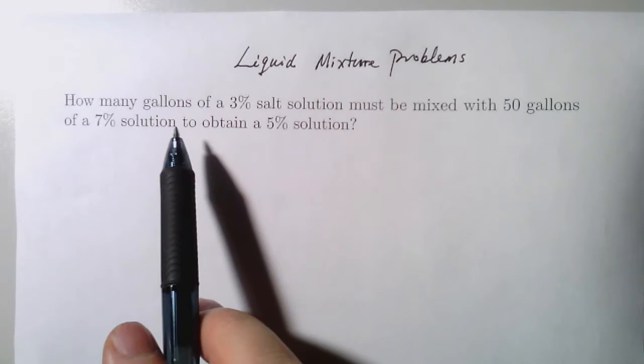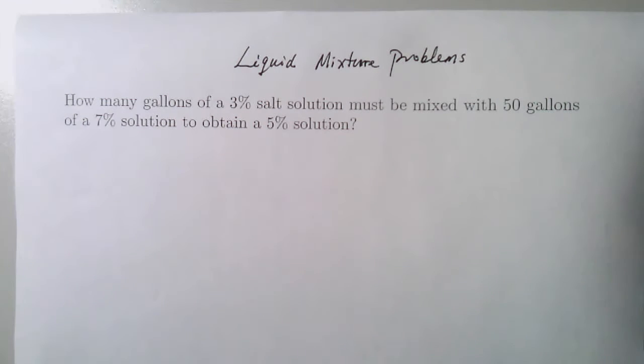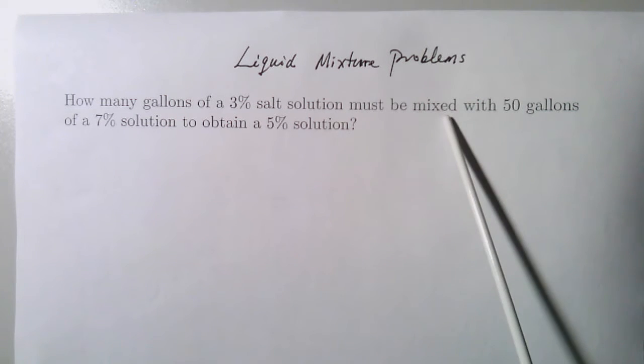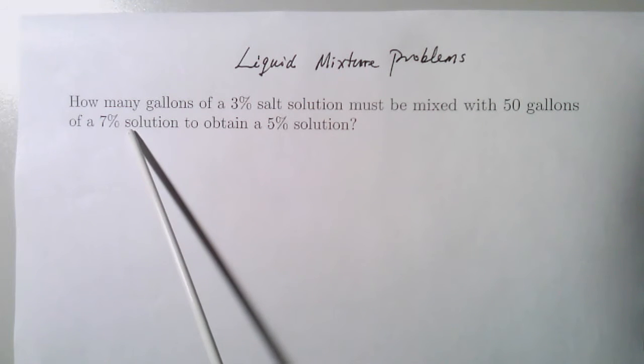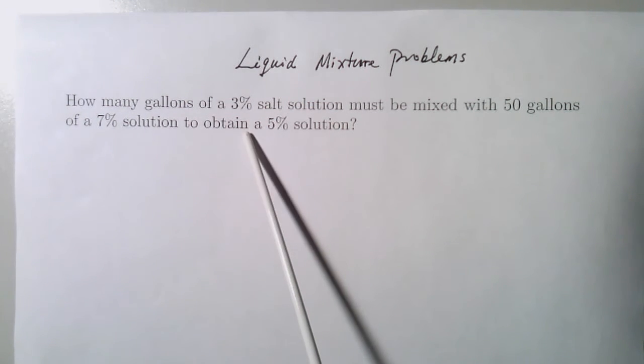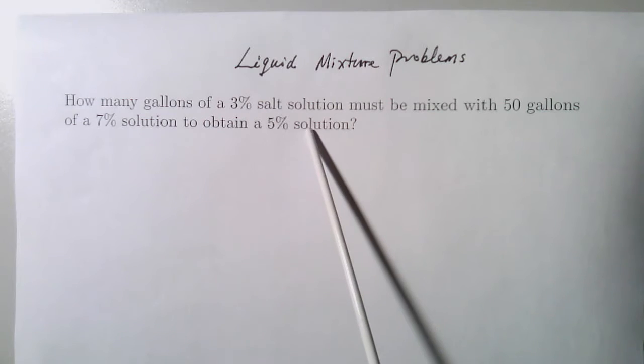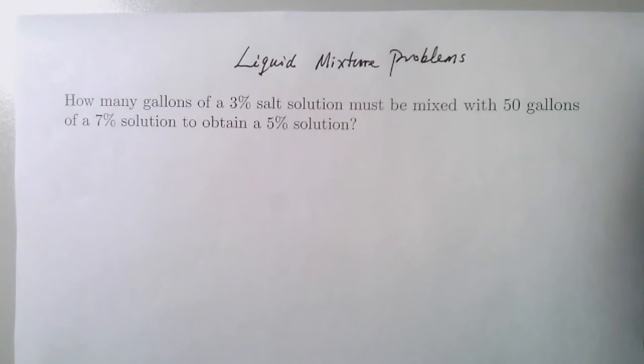How many gallons of 3% salt solution must be mixed with 50 gallons of 7% solution to obtain a 5% solution?